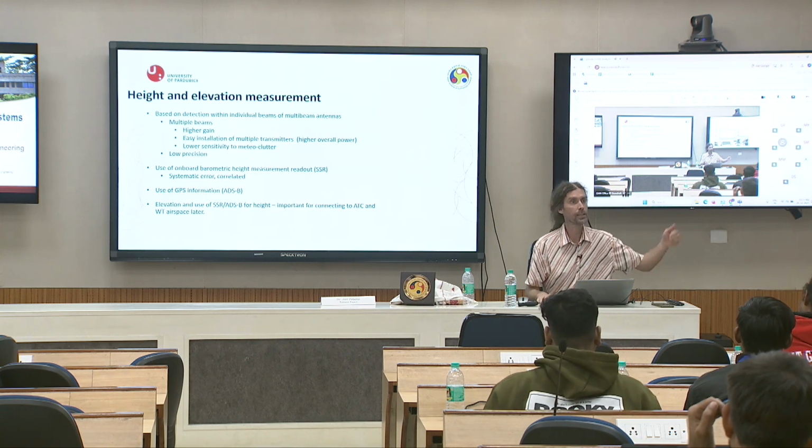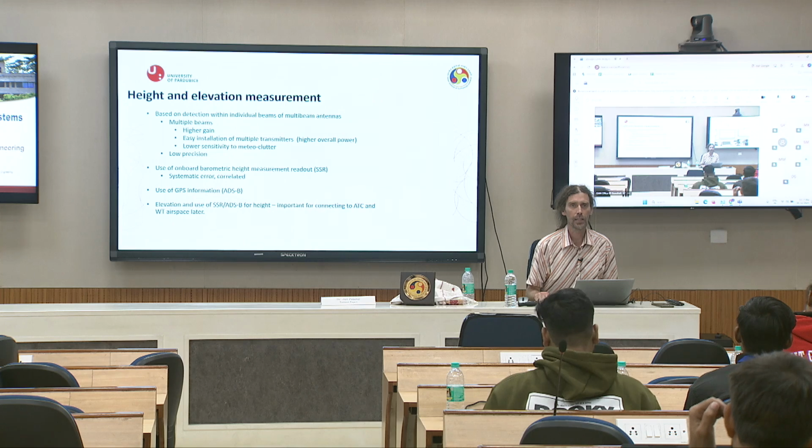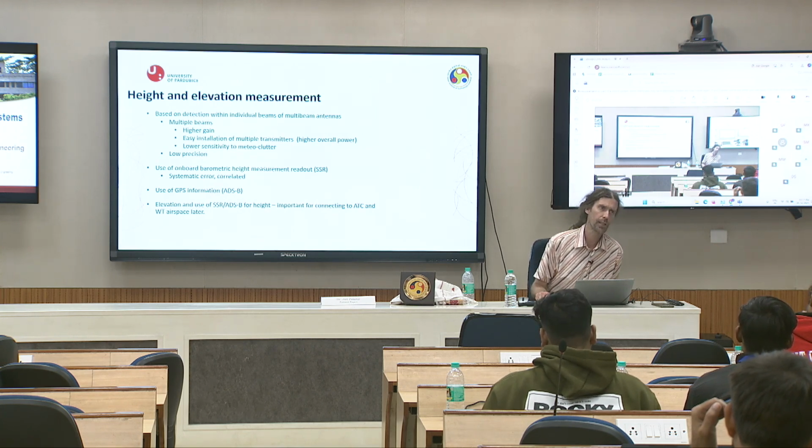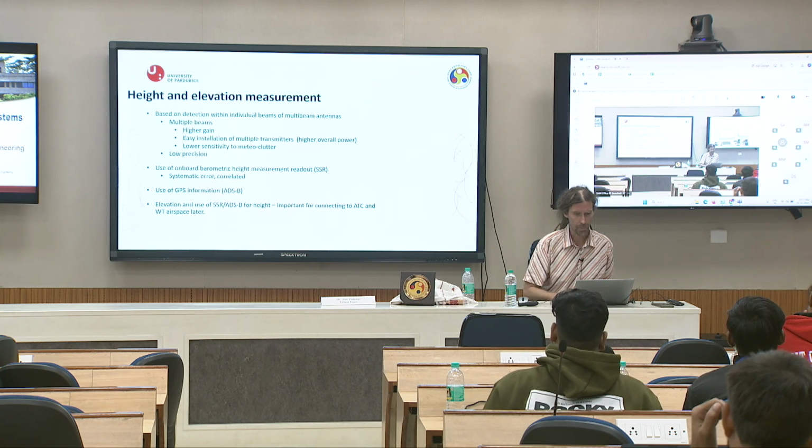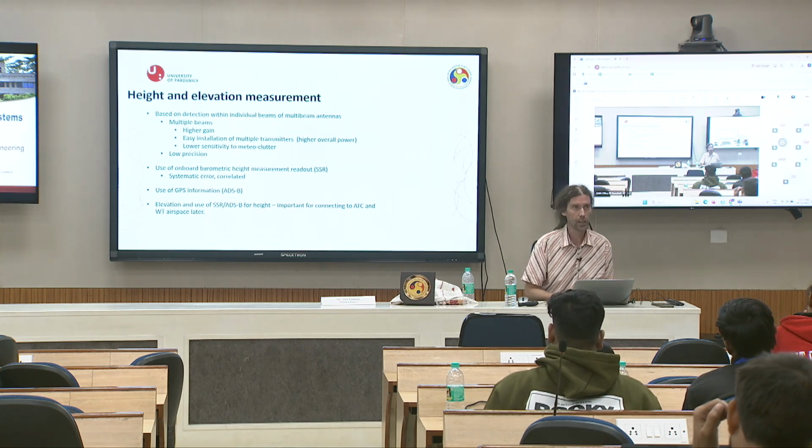Secondary surveillance radar. It is a device that is placed on the plane, or we can use GPS information about height, ADS-B, and so on. So height and elevation measurement is based on this. It is important, especially of course for air traffic control.